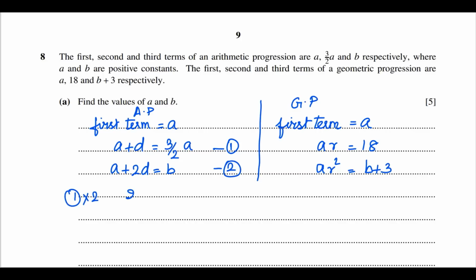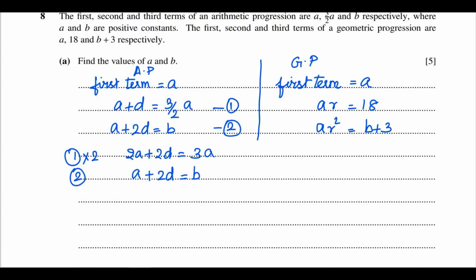So you'll get 2a plus 2d equal to 3a, and a plus 2d equal to b. If you subtract, you will get 2a minus a is a, and 3a minus b.